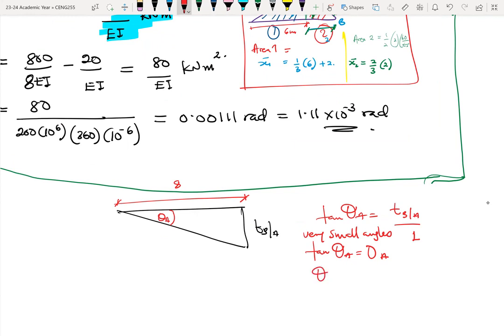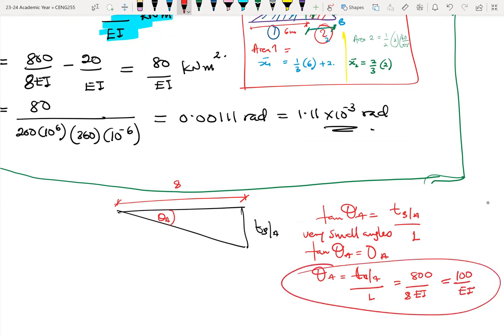So it means that theta A is equal to TBA over L. So my TBA is what? 800 over EI. We just found that, divided by L, where L is 8. Okay. So it becomes 800 over 8 EI, which is simplified as 100 over EI. Okay, so this is my theta A.